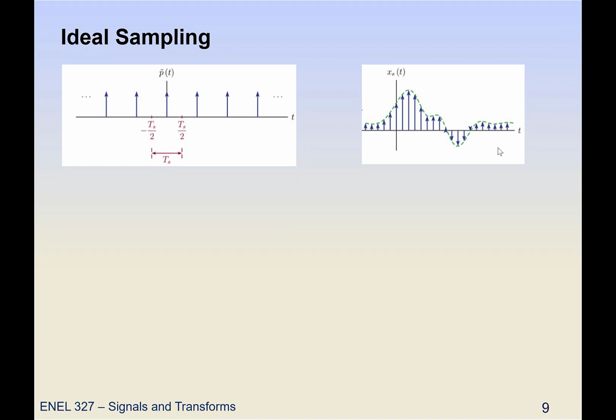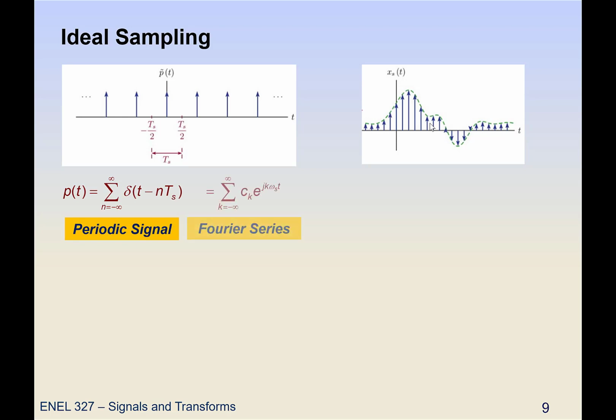Okay, so let's take a look at those two signals that constitute the sampled signal. First off, we came from a pulse train and ended up with a sampled version. That impulse train is a periodic signal, which means it has a Fourier series.